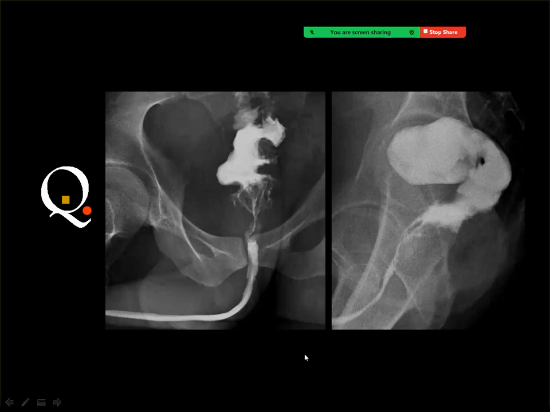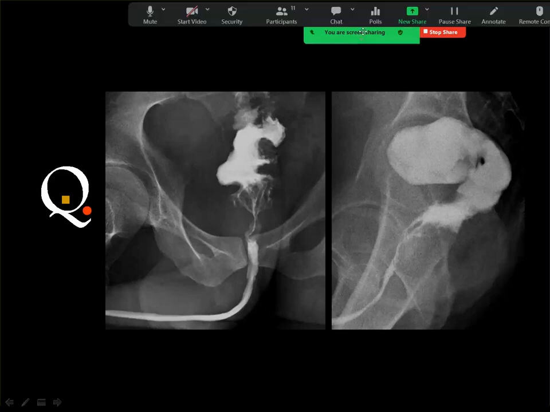Okay, this is an ascending urethrogram, and you can see an abnormal appearance. Instead of opacifying the urinary bladder, you got opacification of the colon.